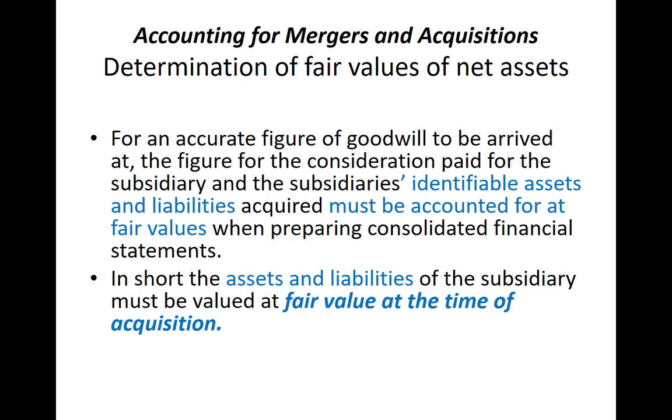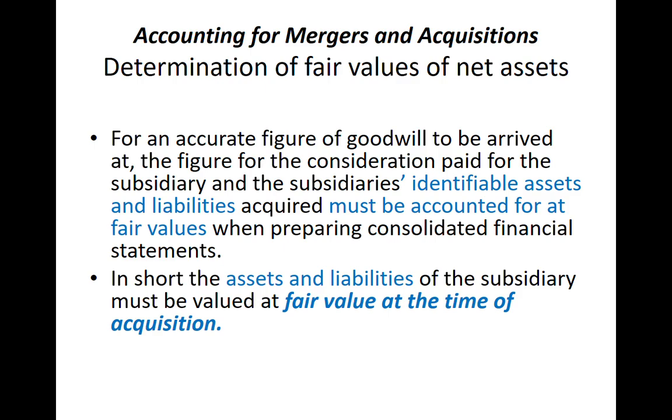So you need to actually identify those assets, and after identifying the total assets, you also need to assess and see that the company has liabilities, so that you get to the proper position of the total liabilities.